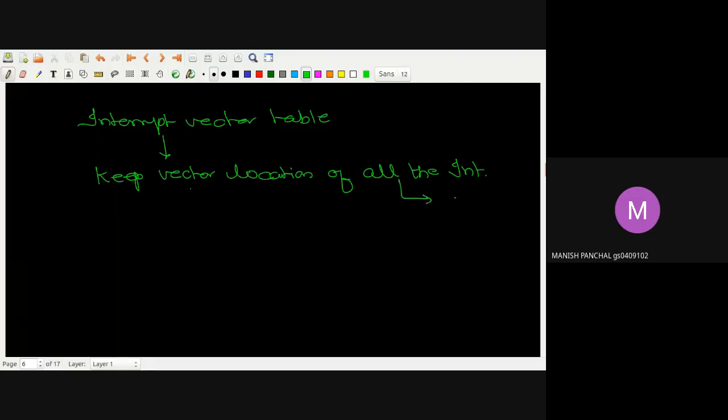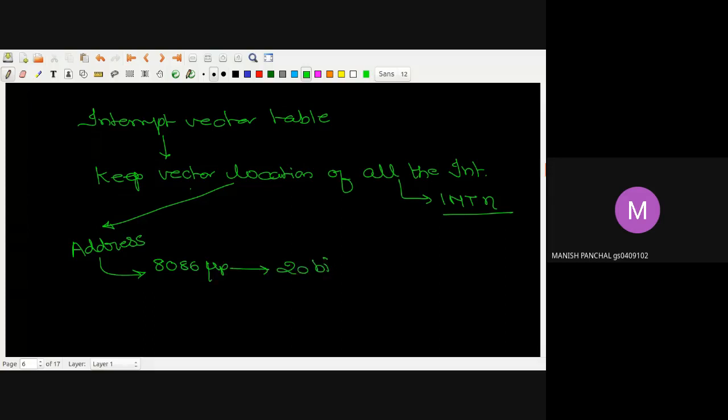We will talk about the INT n type of instruction. Okay. So in this case, if I'm talking about the location, can anyone tell me here, the location means the address? The condition is that this address in the case of the 8086 microprocessor is of 20 bits, if I talk about the physical address. Now this physical address is a combination of the code segment as well as the instruction pointer.